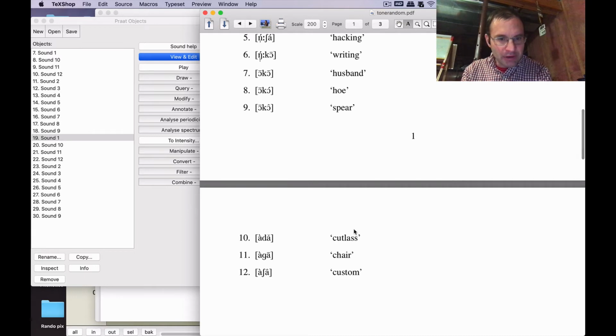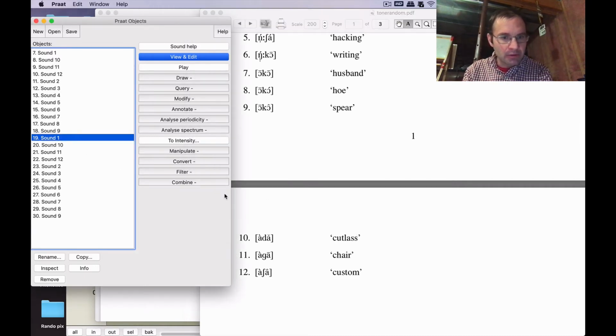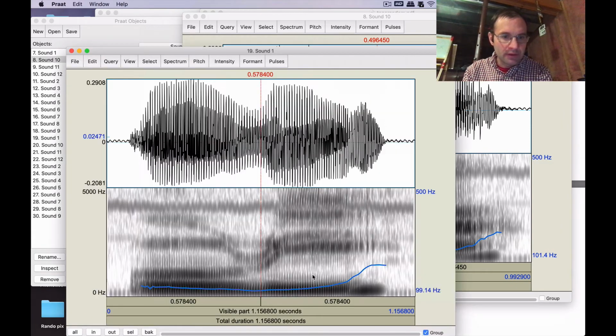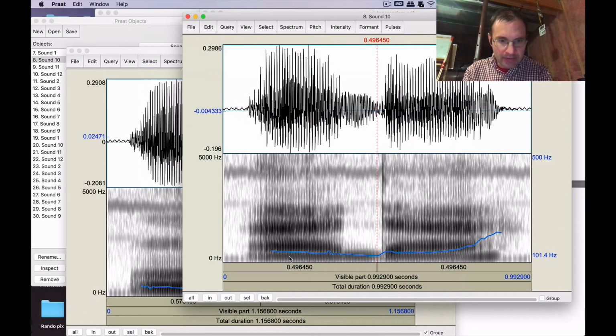And we can compare it to, let's say, number 10, which should be a low followed by a rising tone. Ada. Versus number 1. Ori. And they should look pretty similar on the frequency scale if the transcription I have is more or less on target. This one starts out around 115 hertz and then rises at the tail end to about 192.